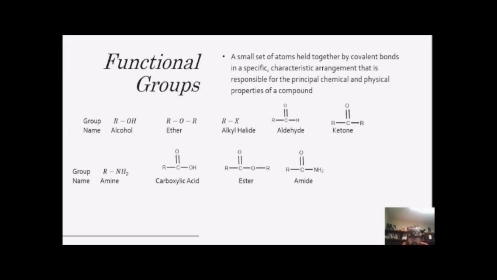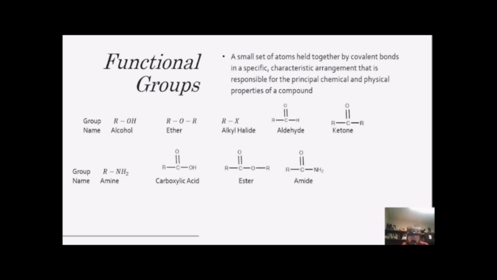And then you can add on these reactive groups, like an alcohol. Anytime you add an OH onto an alkyl group of any type, it becomes an alcohol. If you combine two alkyl groups over an oxygen, it becomes an ether. You put a halogen somewhere on there, it's an alkyl halide. All those we've kind of seen.